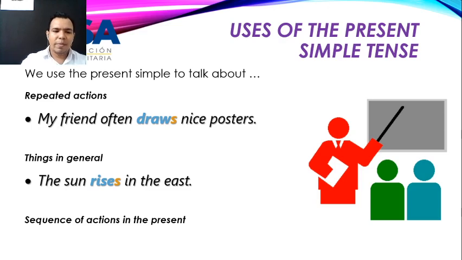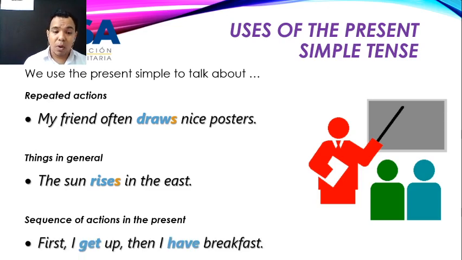Number 3. We also use the present simple to talk about a sequence of actions in the present. For example, our routines. When we have to write or describe our routine, we tend to mention a sequence of different actions, one by one.